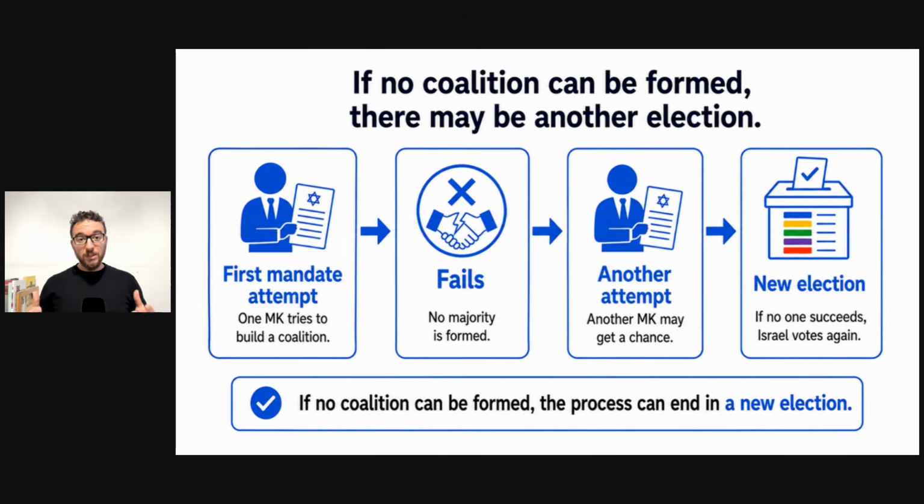But one of the reasons for this can be a situation like the one we just described, where the elections go as planned, the Knesset forms totally fine, but nobody can put together that 61-seat majority. And the time runs out, and we have to start over and do a new vote. And that can even happen 2 or 3 or even 4 times in a row, where there's just a new election until a government forms.